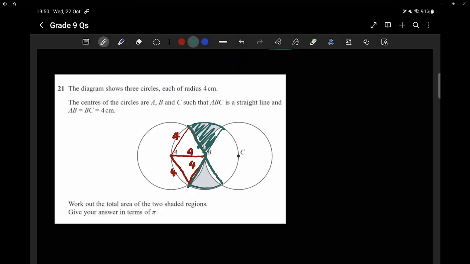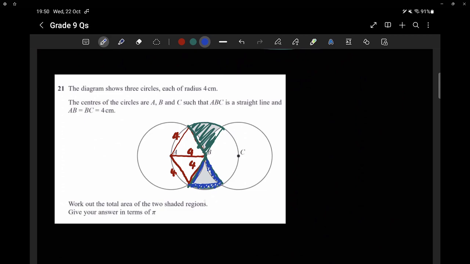But we also have equilateral triangles, so we need to somehow put these bits together. And the way we do that is we know that this curved section in here and in here is the same as that curved section at the bottom of the sector.